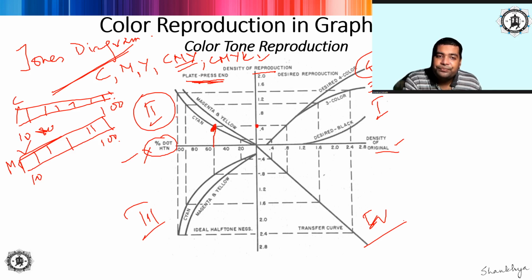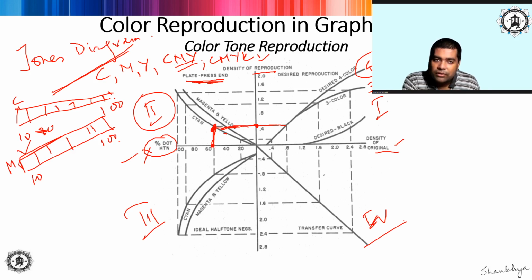So what to do? That is how you have done. You have just continued this, plotted this point from the three color density, and brought it down, like here in this particular point, and then you have moved down to find out for what dot percentage a certain density is reproduced.